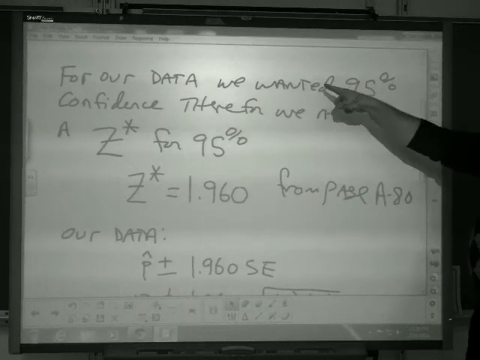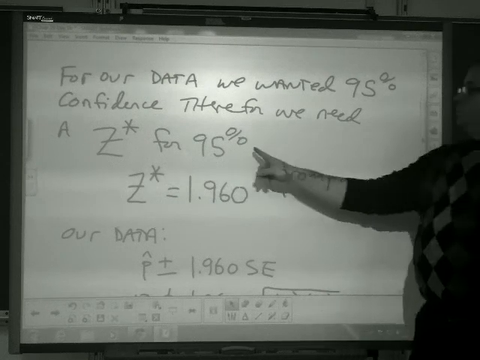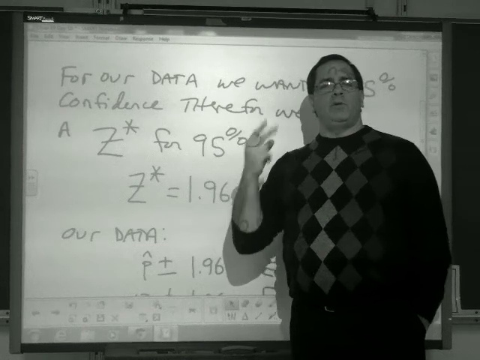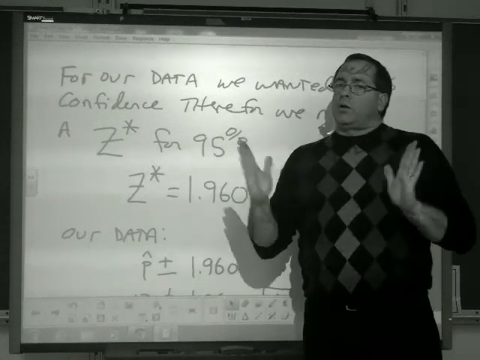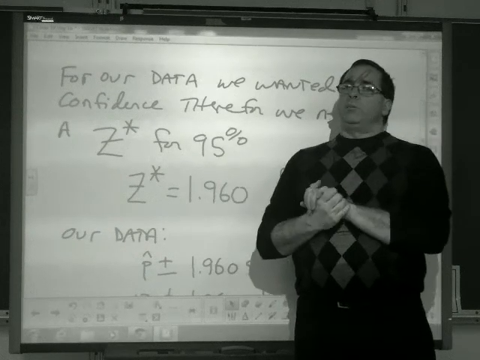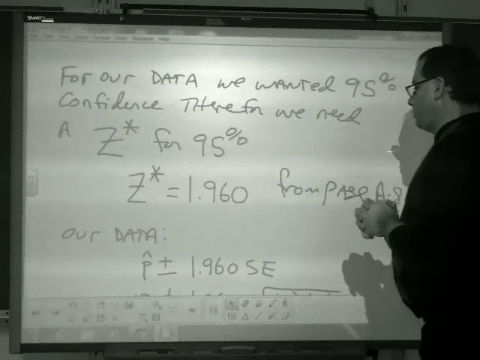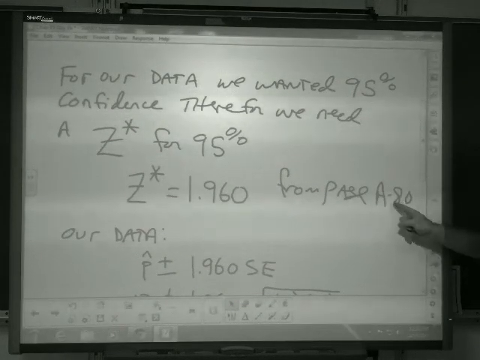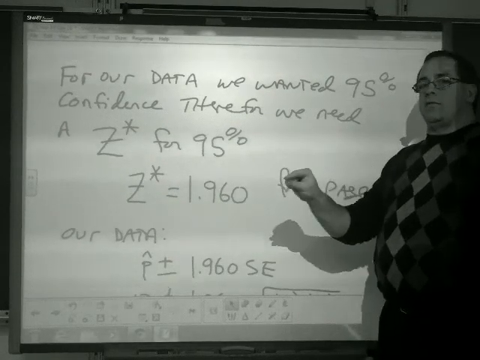Now, for our data, we wanted to be 95% confident. We need a z-star for 95%. You might say, well, Mr. Pat, we use 2. Rule of thumb. It is a rule of thumb, but it's no longer what we're going to use. We're going to be a little bit more precise. So if you turn to page A80 from the back of your book, you'll see at the very bottom, it says confidence levels.